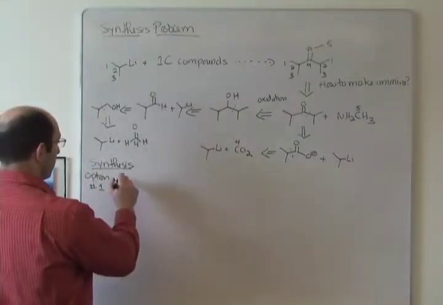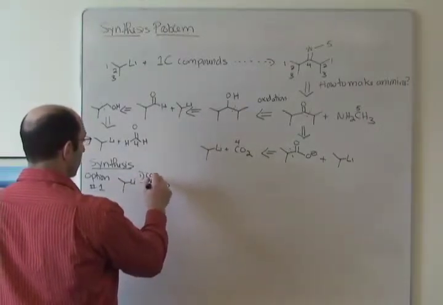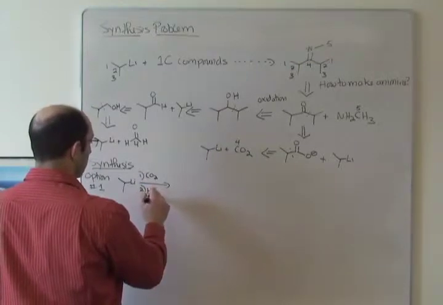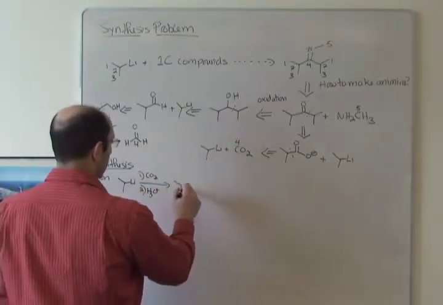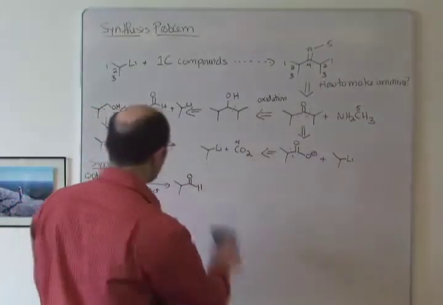So if we started with alkyllithium plus CO2, we can make a carboxylic acid.